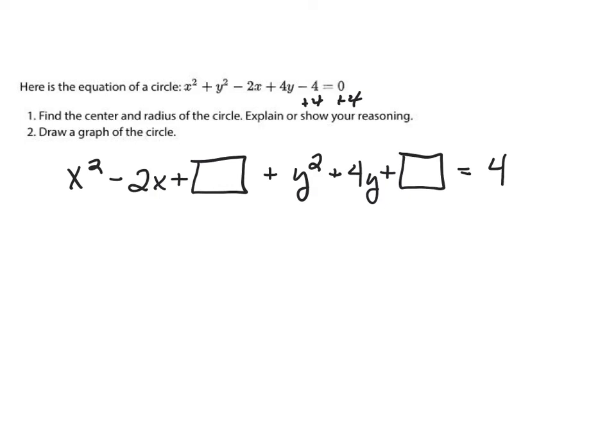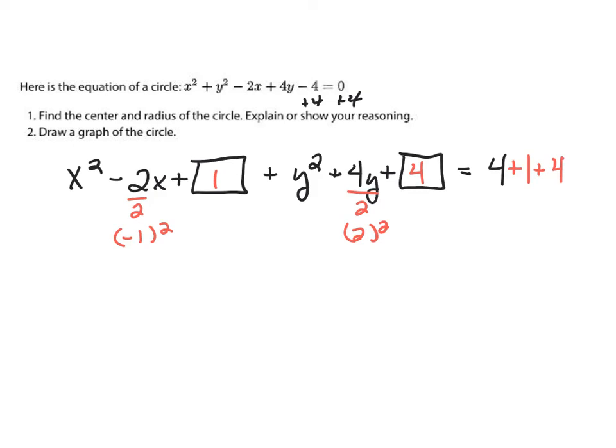All right, so I divide by 2, which is -1, and square it. I divide by 2, which is 2, and square it. Now because I added 1 to the left side, I have to add 1 to the right side, and I have to add 4 to the right side.